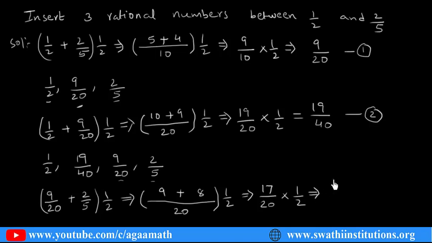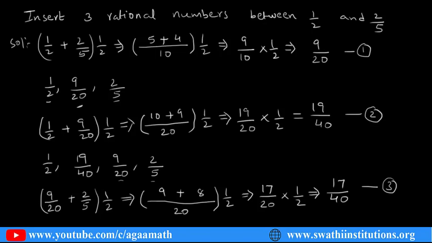So that is 17 by 40. So this is the third rational number. So 1 2 3, we have found 3 rational numbers in between the given 1 by 2 and 2 by 5. So if you use this a plus b of 1 by 2 process, it is easier for these two numbers.